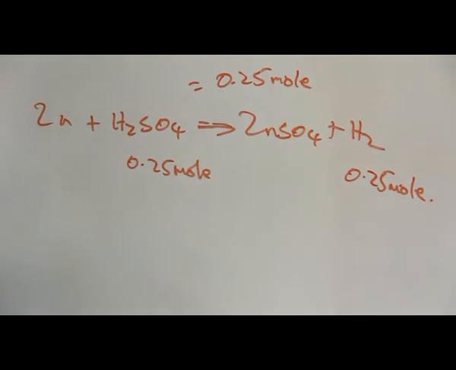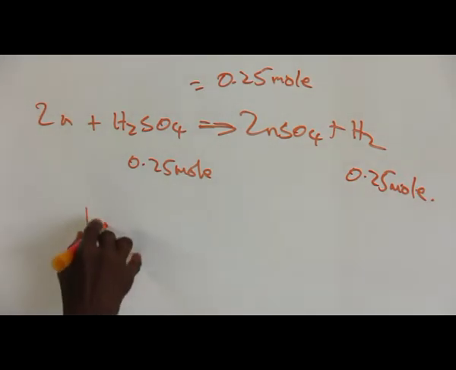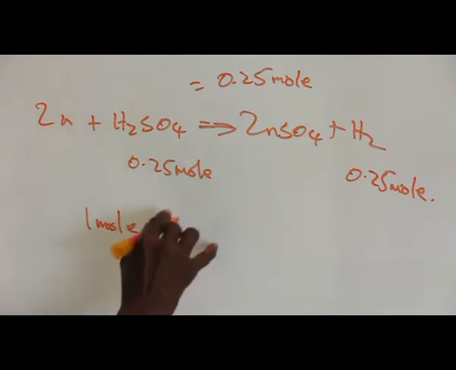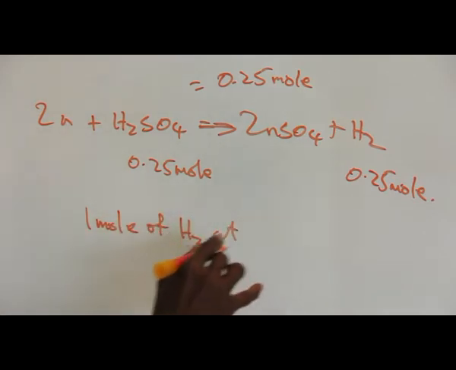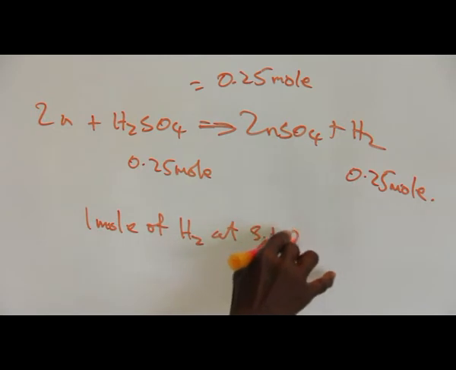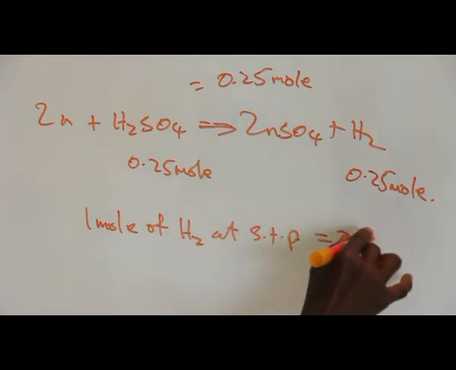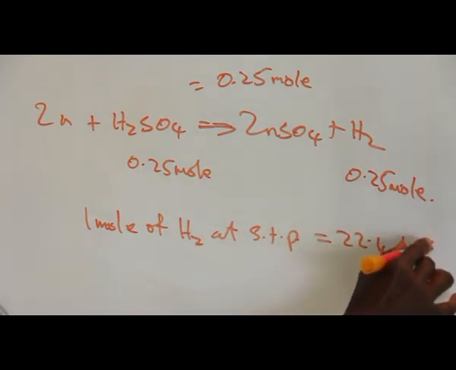But we know that 1 mole of any gas, hydrogen is a gas, at STP occupies 22.4 dm³. That is, 1 mole of H2 at STP occupies 22.4 dm³.